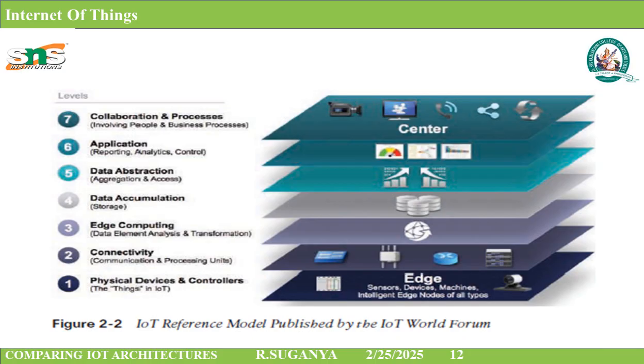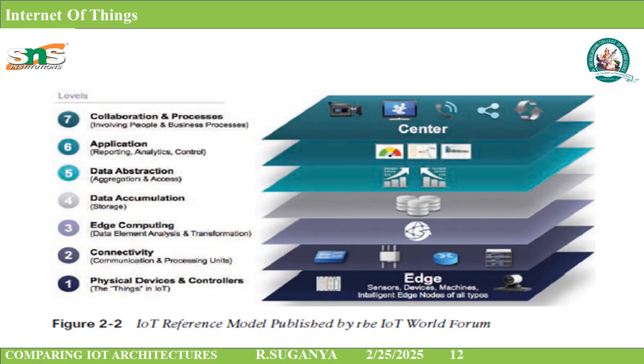We have edge computing, collaboration and processes, applications, data abstraction, data accumulation, edge computing, connectivity, and physical devices and controllers. These are the layers interacting with one another.